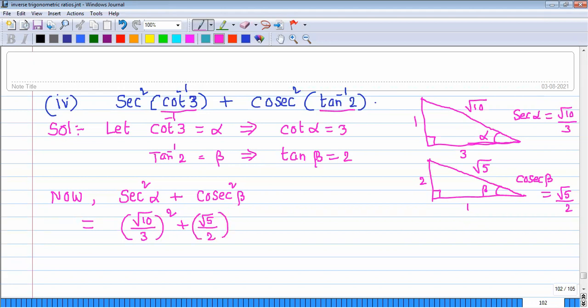Okay, simplify and tell me the answer. What do you get? This is equal to 10 by 9 plus 5 by 4. The LCM is 36, so 95 by 36. Clear?